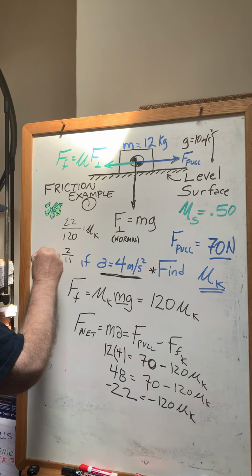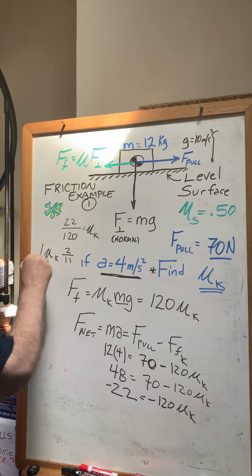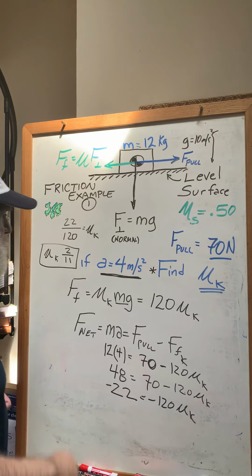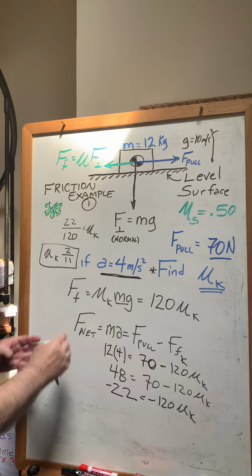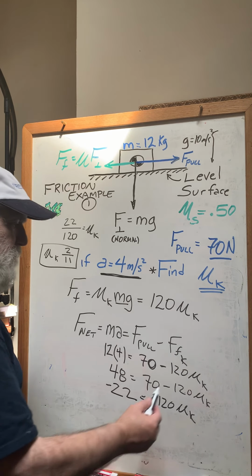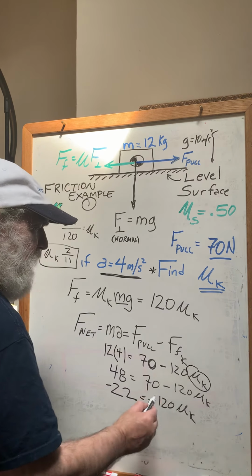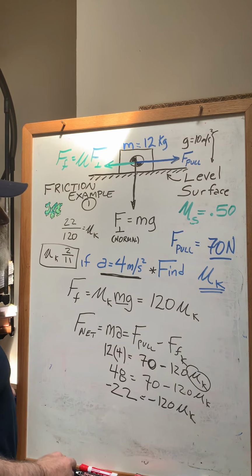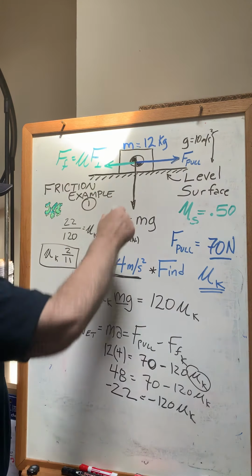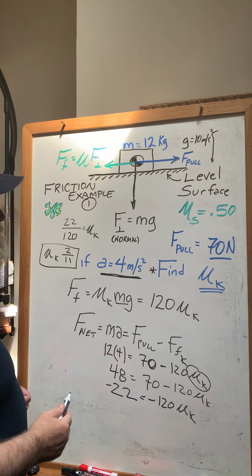So we know that the kinetic mu is, as it should be, less than the static one. And we were able to find it because we knew everything in Newton's second law equation, except for the mu k value in the force of kinetic friction, which is mu times the normal perpendicular force.